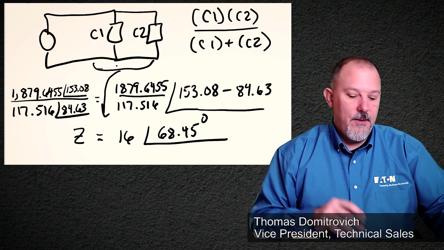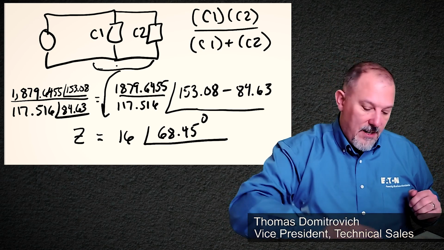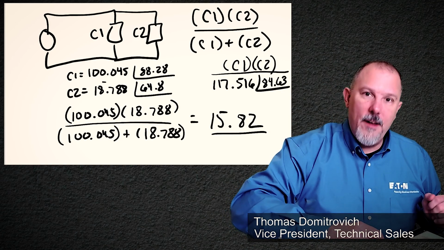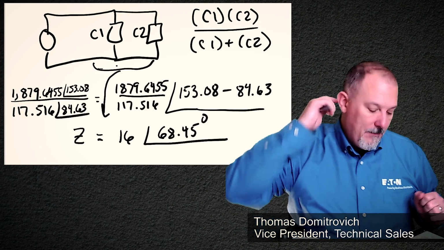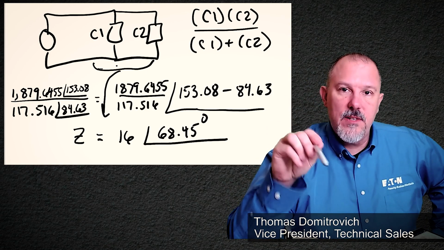Now, you say, boy, Tom, that was a lot of math and a lot of stuff for a difference of 0.18, okay? And yes, but in this case, we're only dealing with C1 and C2.